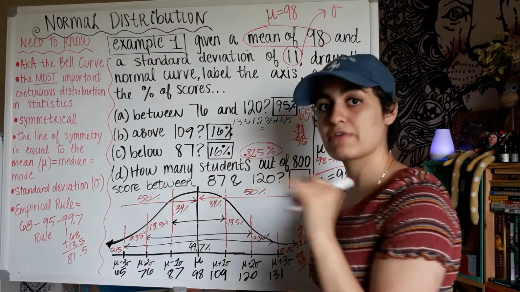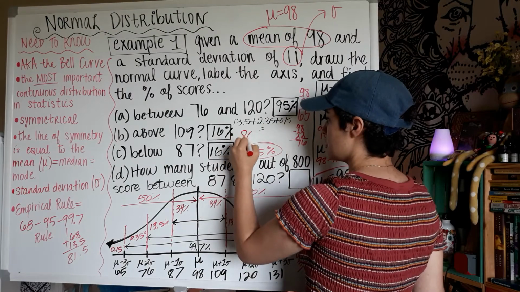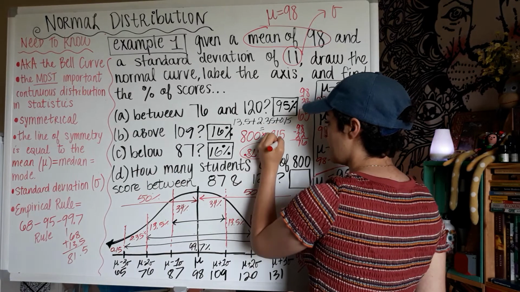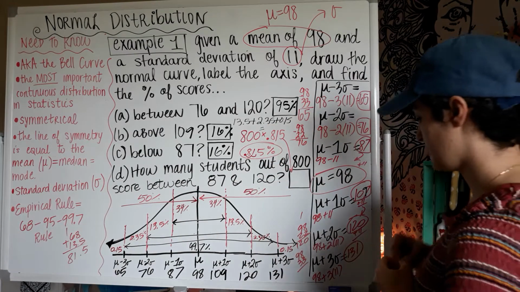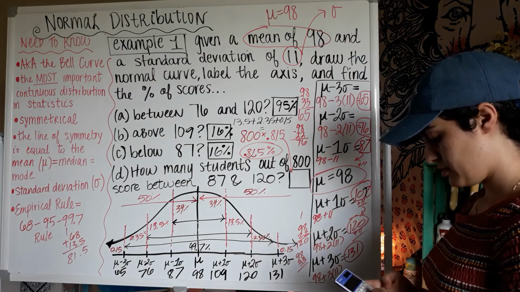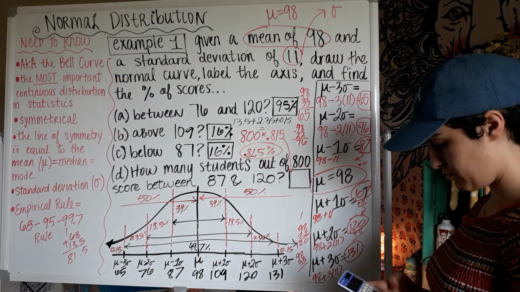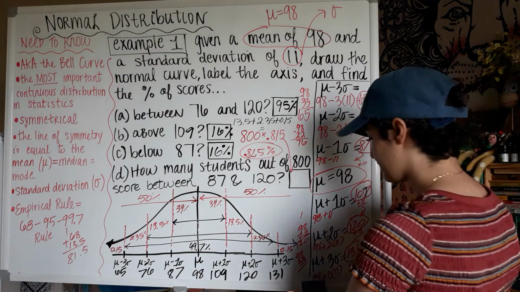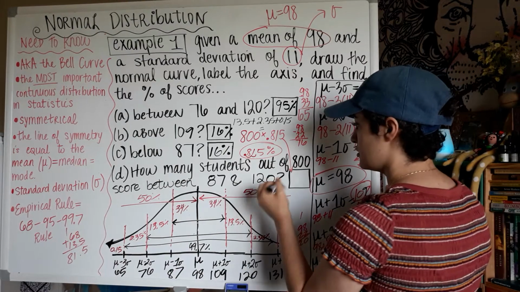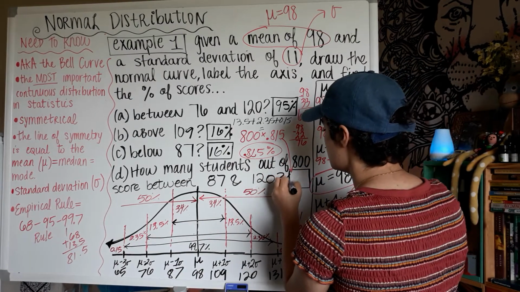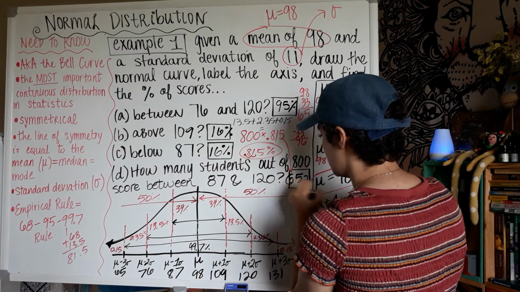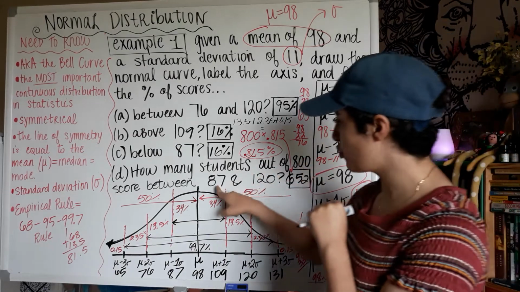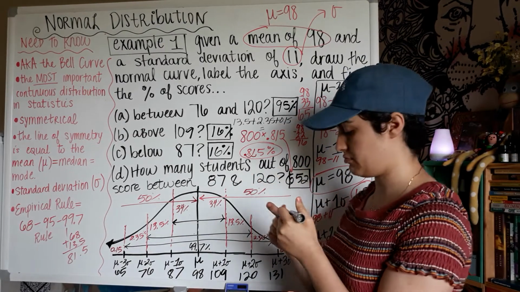So the way I find my answer is 800 times 0.815, and that will give me my answer. 800 times 0.815. 652. So 652 students out of 800 are going to score between 87 and 120.